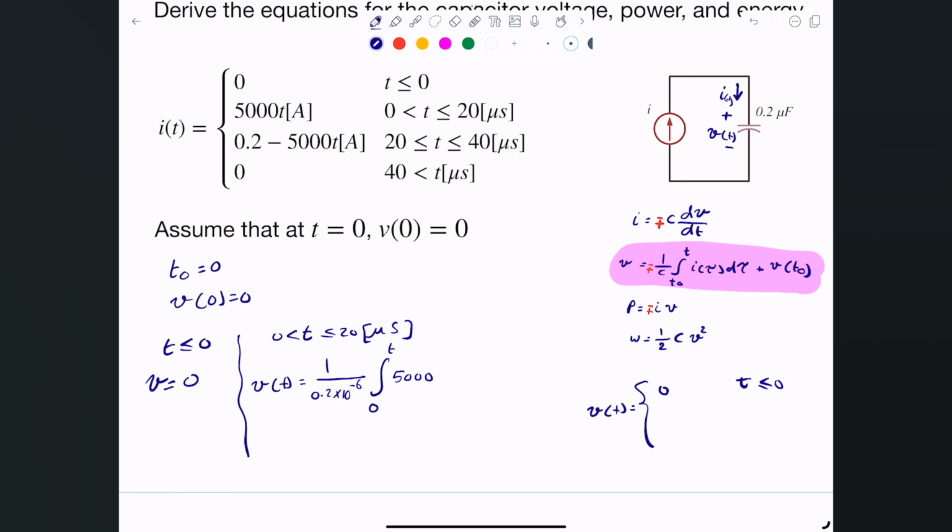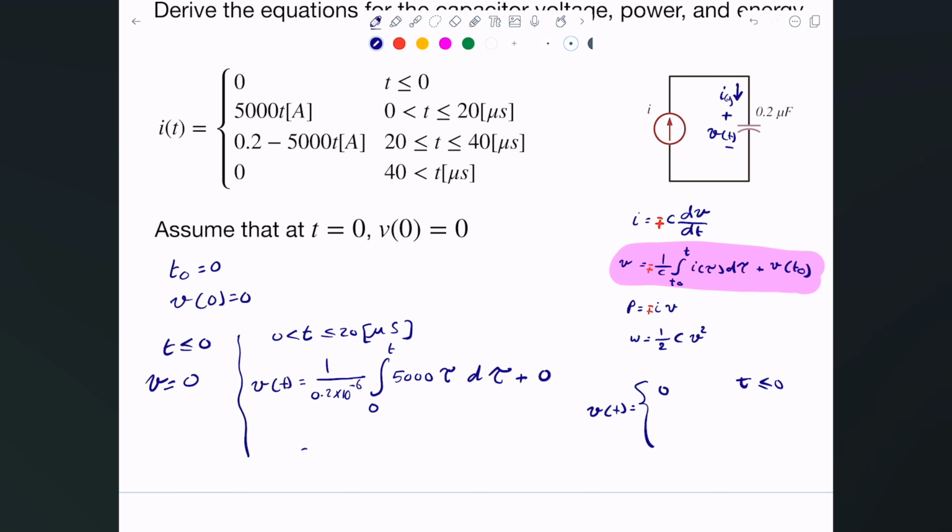We don't use t inside the integral, we use tau. We change the variable so that we don't confuse it with the upper limit, d tau. We're integrating to t, not to 20, because we want an equation in terms of t. And of course, plus 0 because the initial voltage is 0.